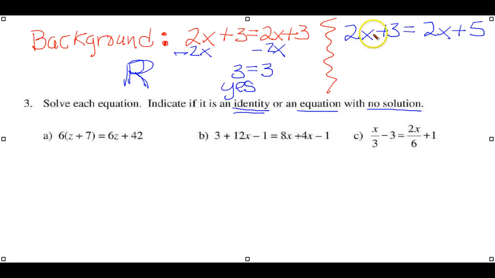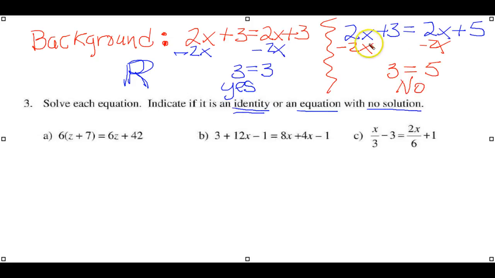Now, as you look at this one, and we're going to subtract out the variables from both sides, we then end up with 3 equals 5. Is that a true statement? And you might say, no, it's not a true statement.